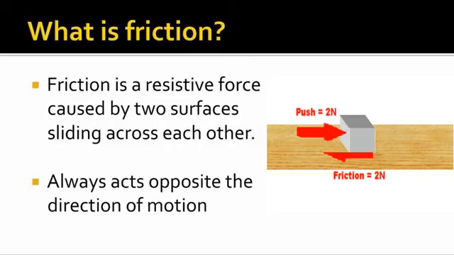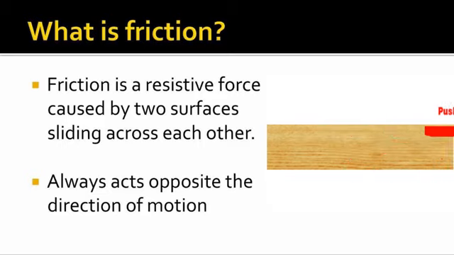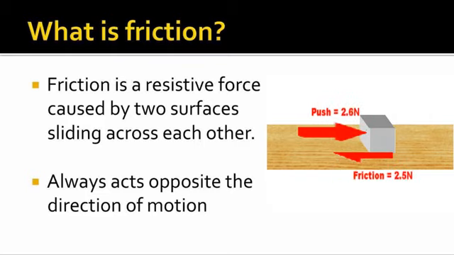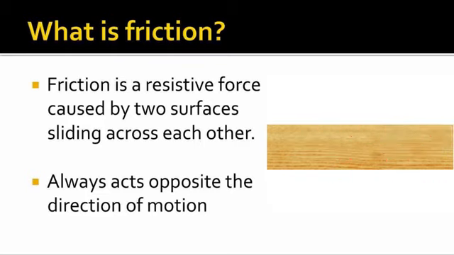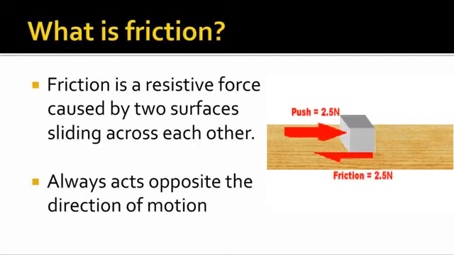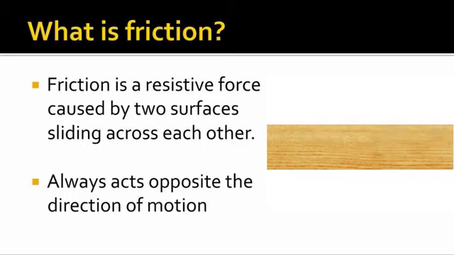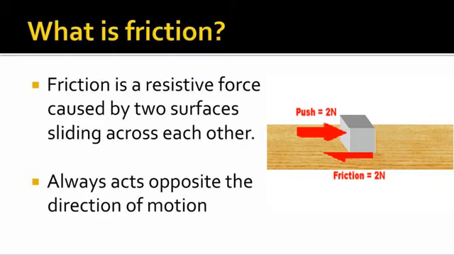So what is friction? Friction is a resistive force caused by 2 surfaces sliding across each other. When you throw anything or when you move anything, you can see that there will be a frictional force acting opposite to the direction of motion. So this is your frictional force. Your second activity will be based on the frictional force.